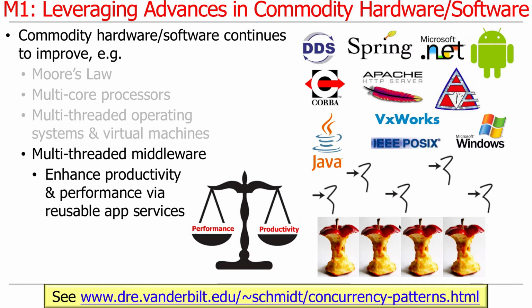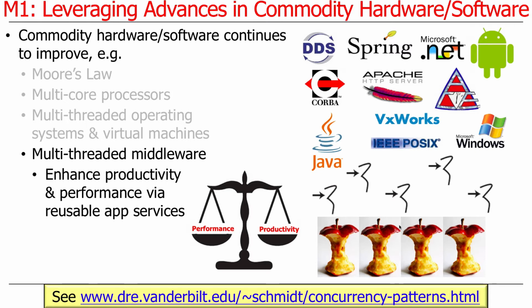Middleware are layers on top of operating systems that abstract away from differences in operating systems. So just as operating systems abstract away from differences in hardware, middleware abstracts away from differences in operating systems. So you don't have to worry anymore about whether you're running on Windows or Linux or somewhere else.